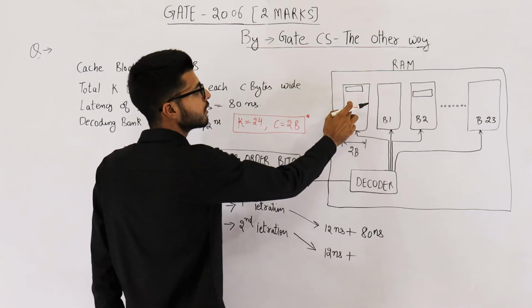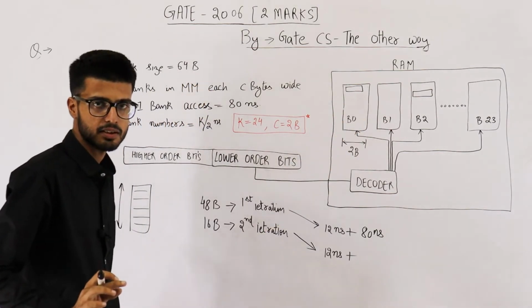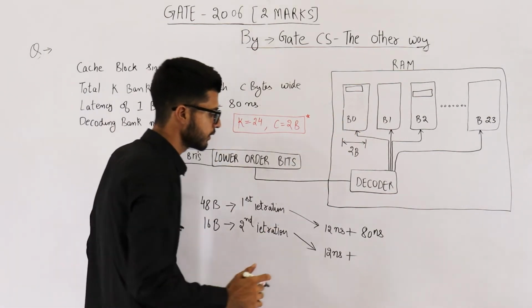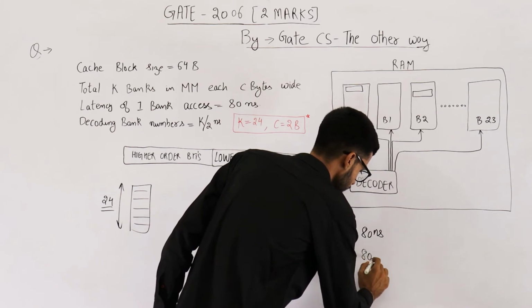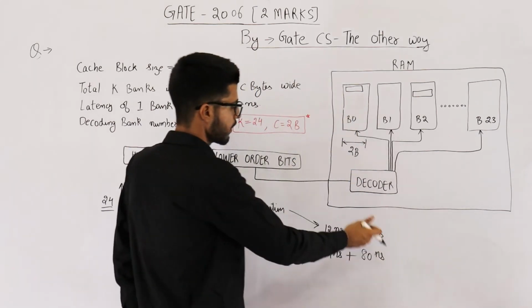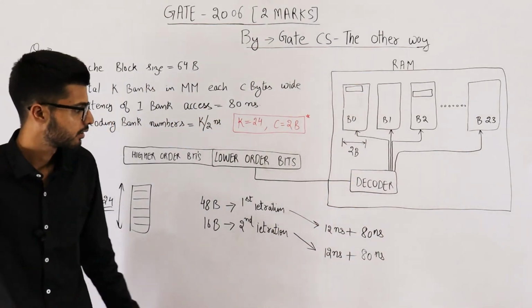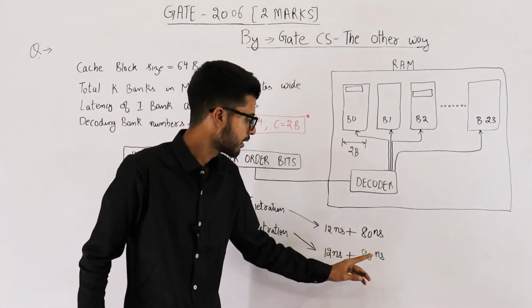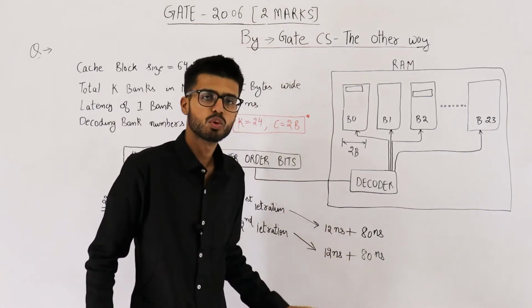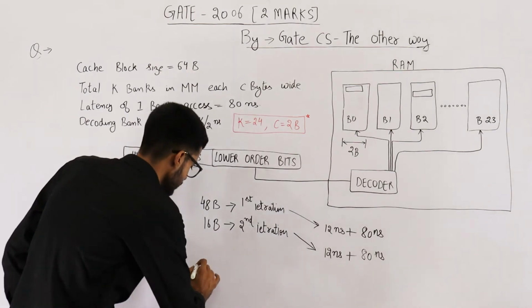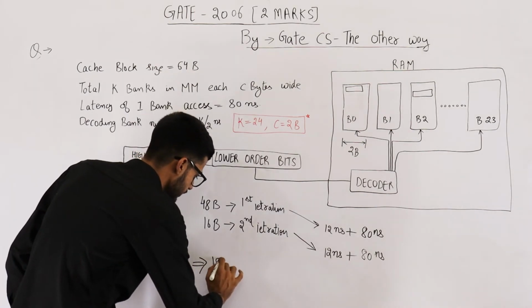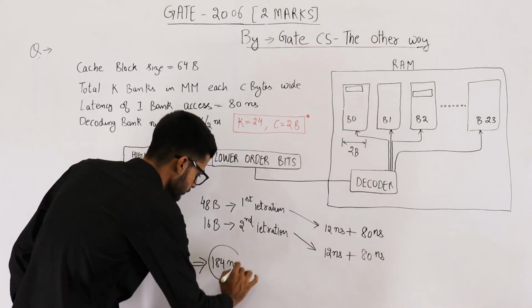Also, all the 8 banks will be accessed in parallel, so you will count 80 only once. So you add all these times and that is the answer. 80 plus 80 will be 160 plus 24. That is 184. So the answer to this question is 184 nanoseconds.